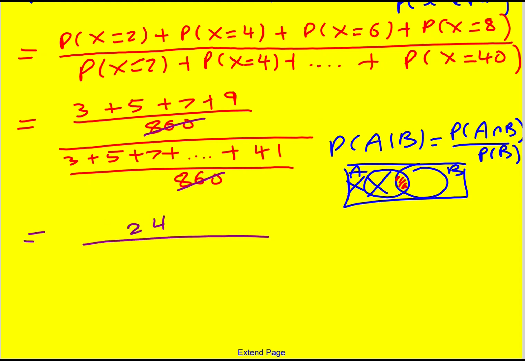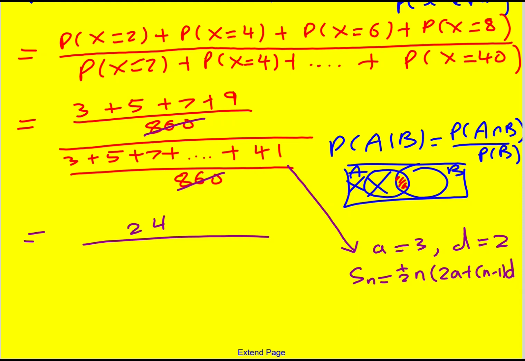Whilst the bottom, I don't want to be calculating that by hand, but it's actually an arithmetic series. So A is equal to 3, D is equal to 2. I'm adding up 20 terms, or Sn is a half n, not half a, this isn't a formula book, a half n 2a plus n minus 1 d.